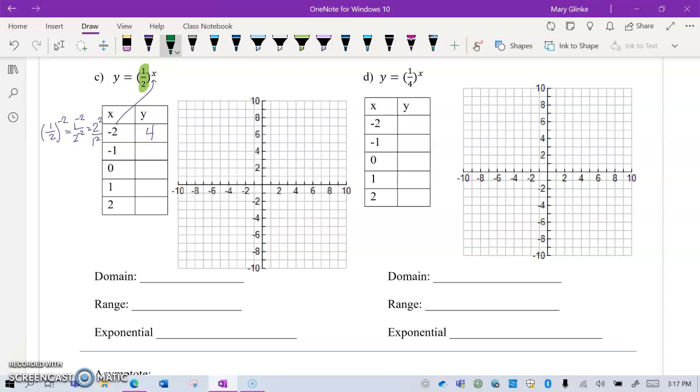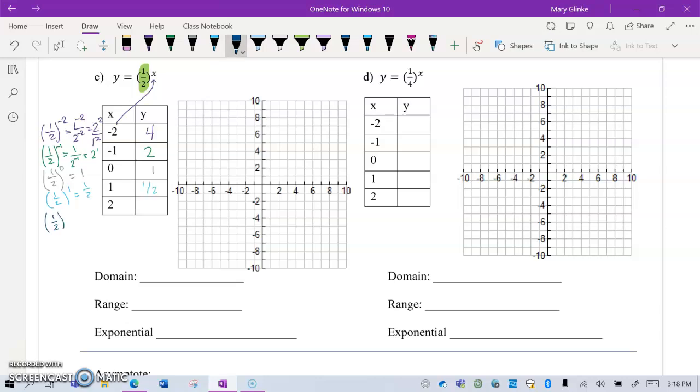If we do 1/2 to the negative first power, that's going to become 1 over 2 to the negative first power, which is 2 to the first power, or 2. 1/2 to the 0 power is 1. 1/2 to the first power is 1/2.